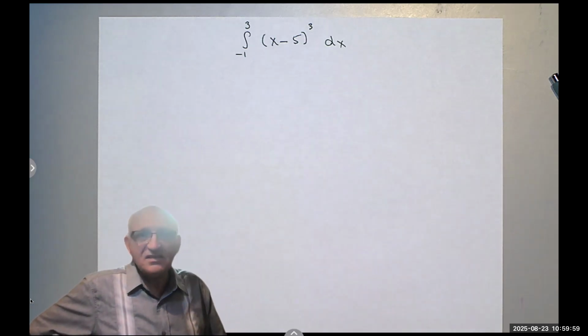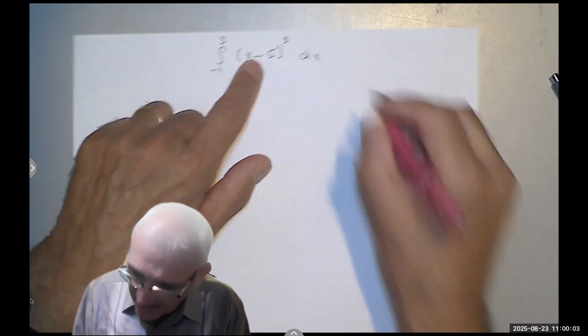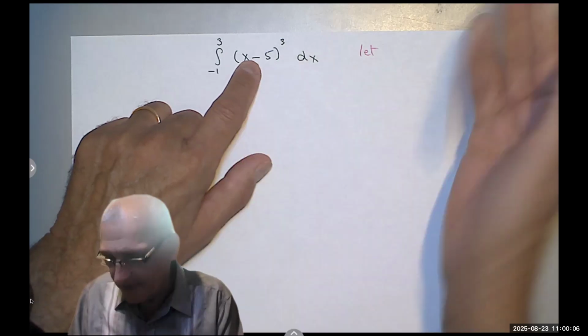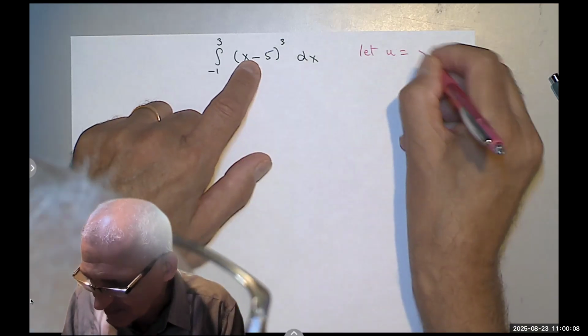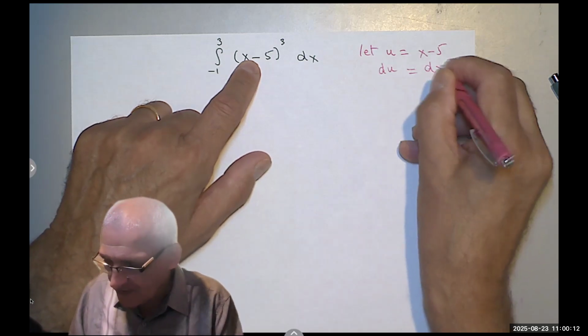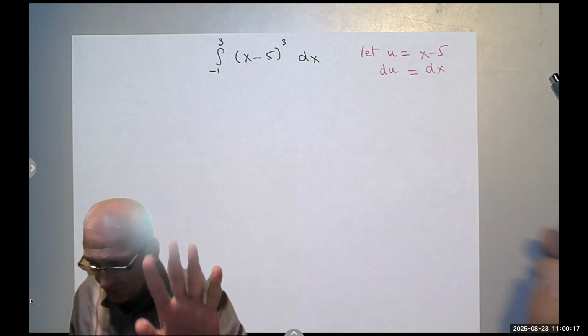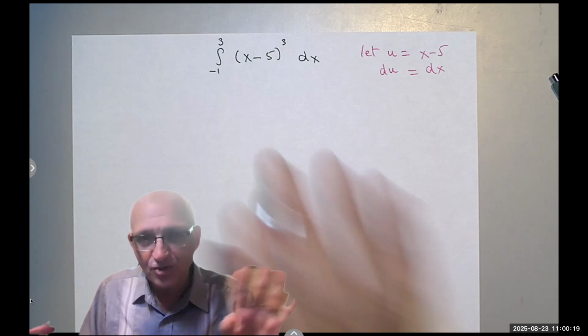No, you don't need that at all. If that is causing the trouble, you say let u, that's the long way, by the way, let u equals x minus 5. Then du becomes dx. Oh, so I got rid of the -5. That should tell you something, but we are going to assume we don't know.